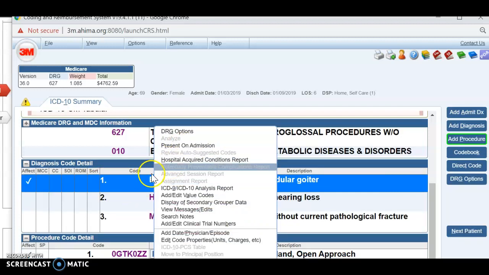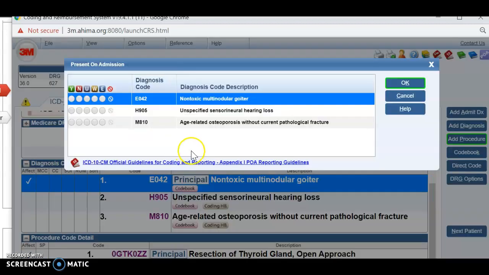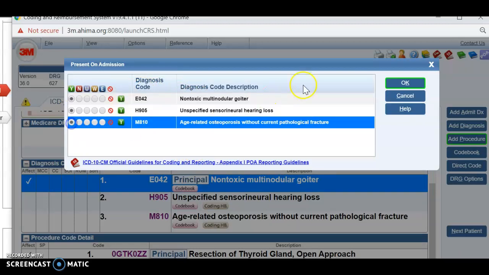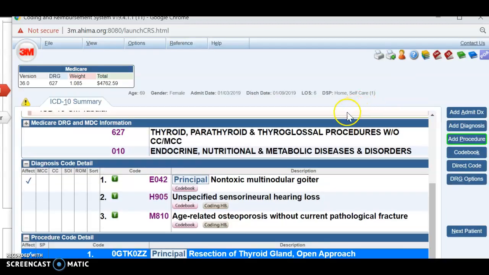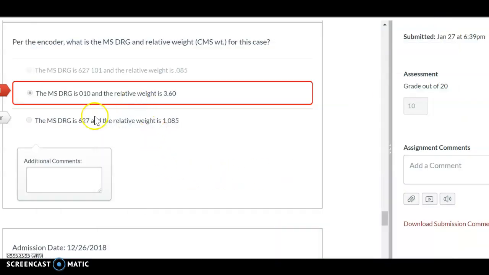So I right click the code. If you are using 3M, I can just go right here and hit yes, yes, yes. And all my POAs now become yes. So again, DRG 627, and here is the weight, 1.085.